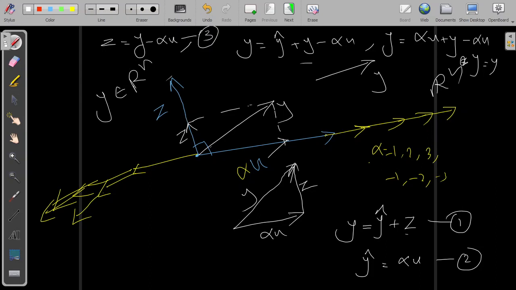One is called the orthogonal projection of y, that means y cap, and the other is the vector orthogonal to the orthogonal projection of y, that means orthogonal to y cap.